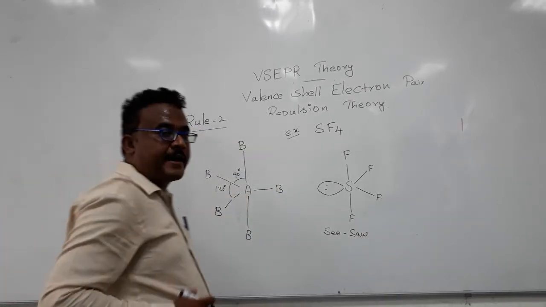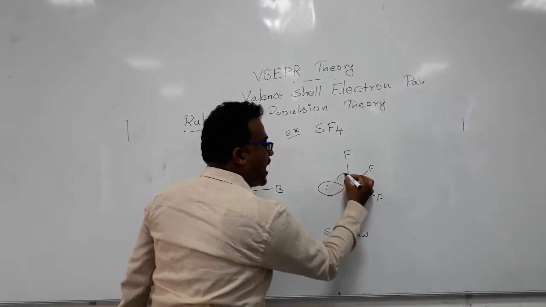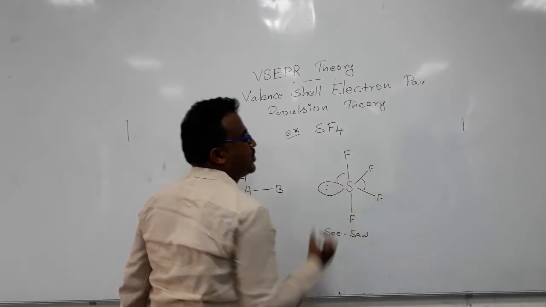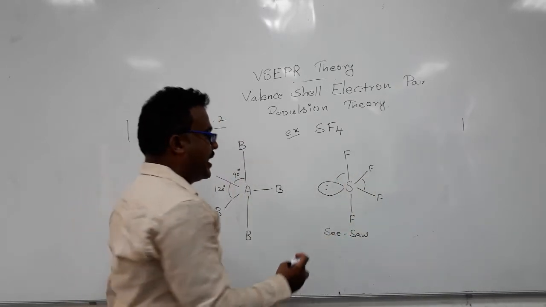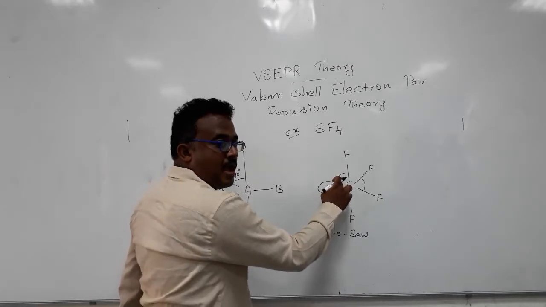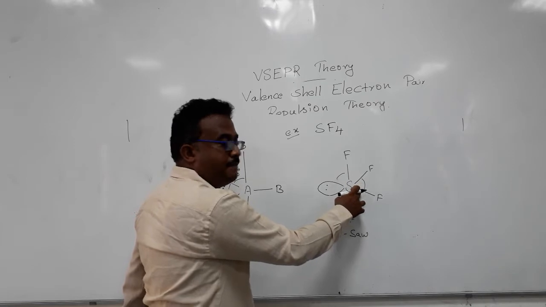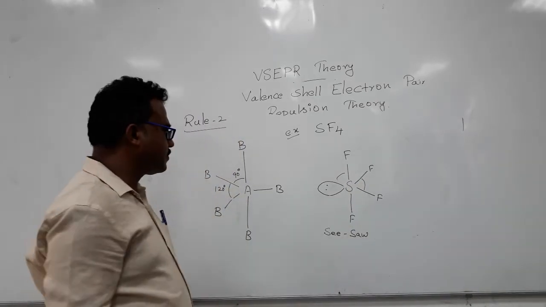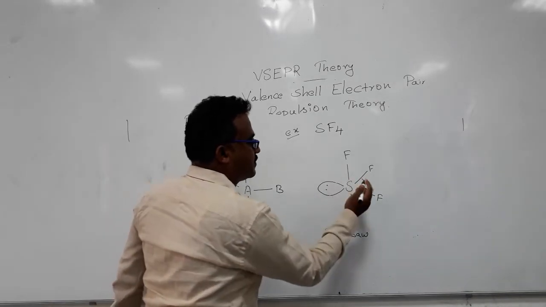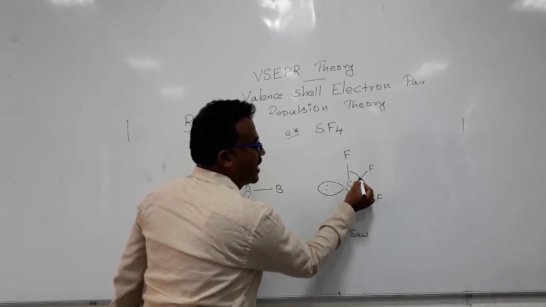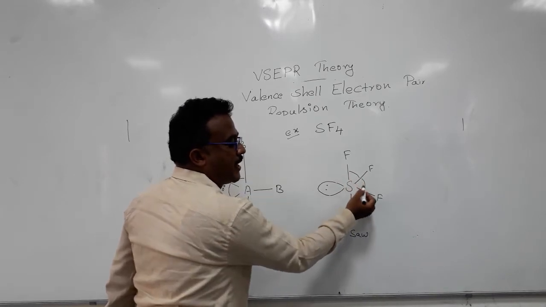And of course, the bond angles will change. They should be reduced. They are not 90 degrees now, but less than 90 degrees, and this bond angle also will be reduced.